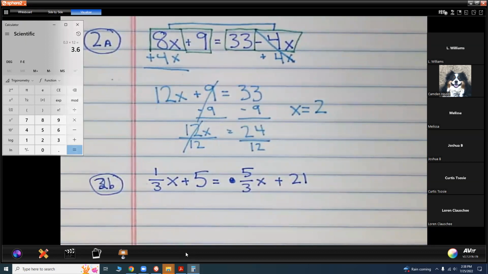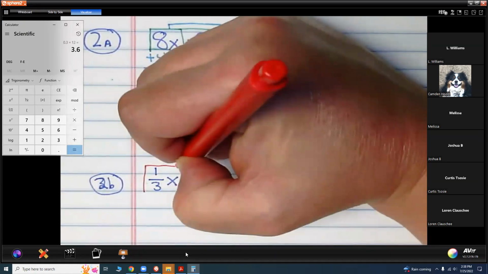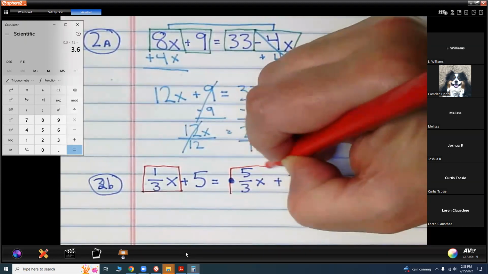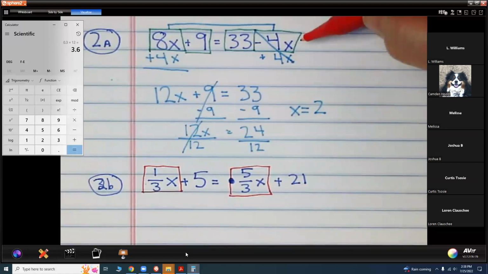Awesome. All right, so 2b. Even though we have to deal with fractions here, here's where I was talking about it. The -4 was the easy term to deal with.